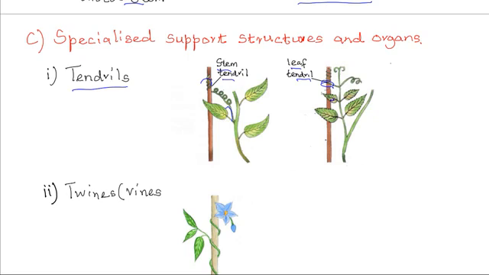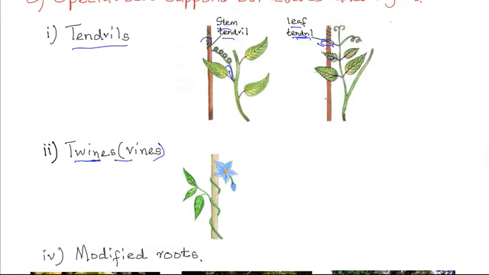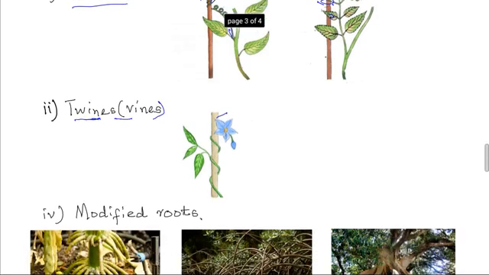Instead of the section developing to be a normal leaf, it becomes slender and elongated to become a tendril. Or instead of developing into a branch, it is modified and becomes a tendril for support. Then you have the coiling stems, known as the twines or vines, that coil around another plant or another object for support. We also have modified roots.